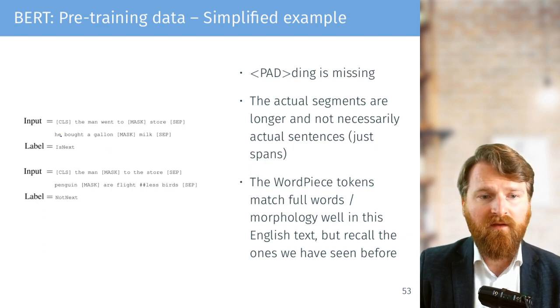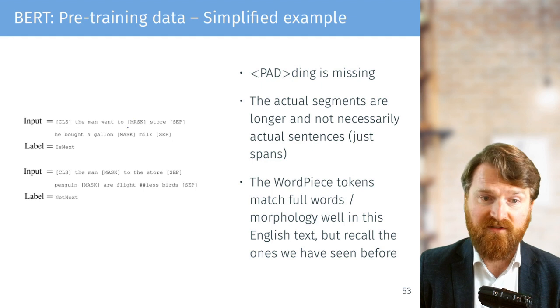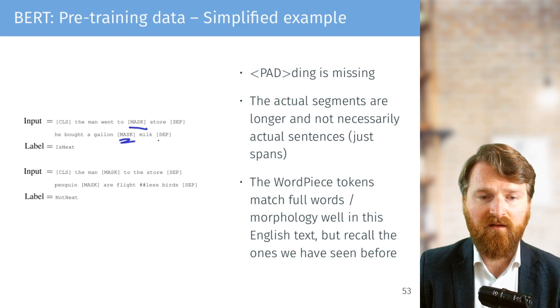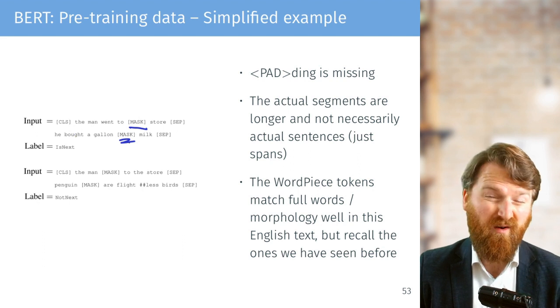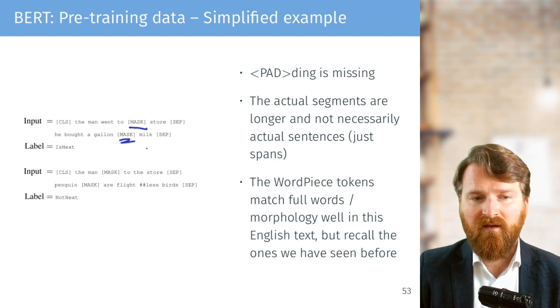So for the first task, we would have: the man went to [mask] store. He bought a gallon [mask] milk. So I guess it would be: the man went to the store. He bought a gallon of milk, and the label is next.